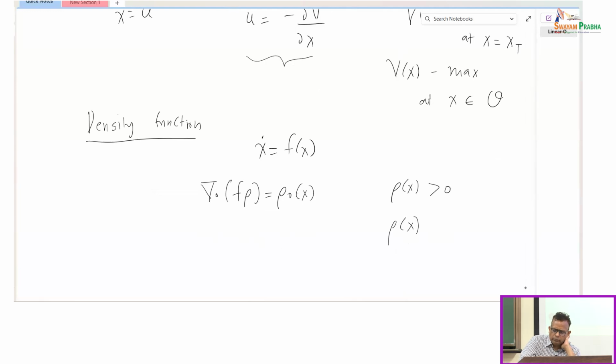Before that, I'm going to reiterate what we did towards the end of the previous lecture, and then tell you the physical significance in a little more detail. So rho of x is a positive function, and rho of x is well defined everywhere except for the target set.